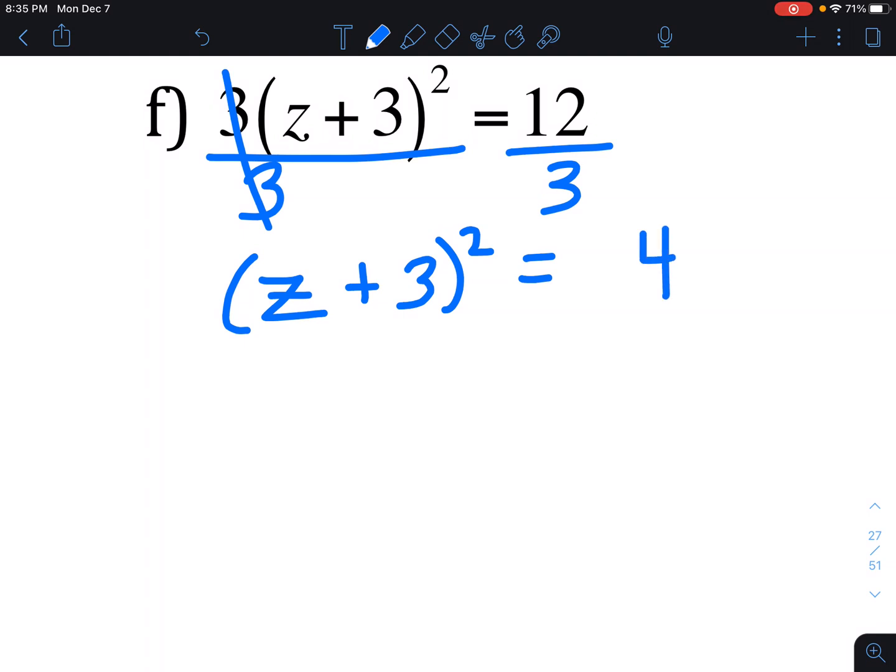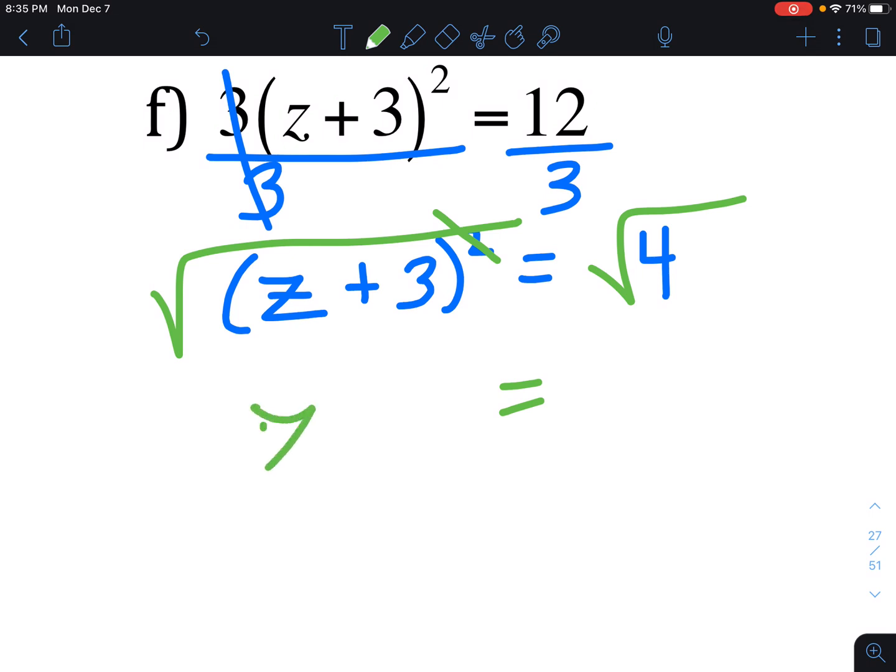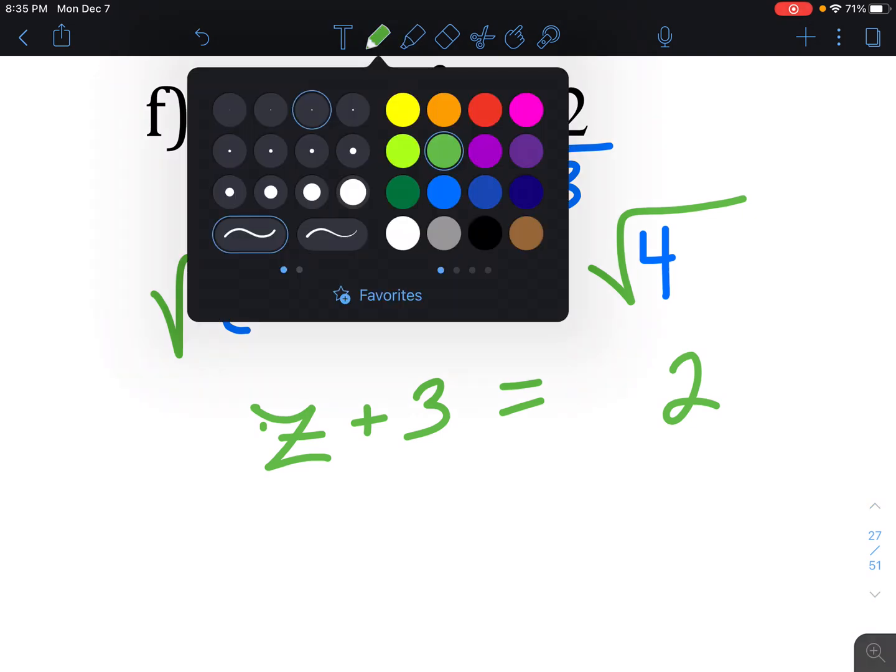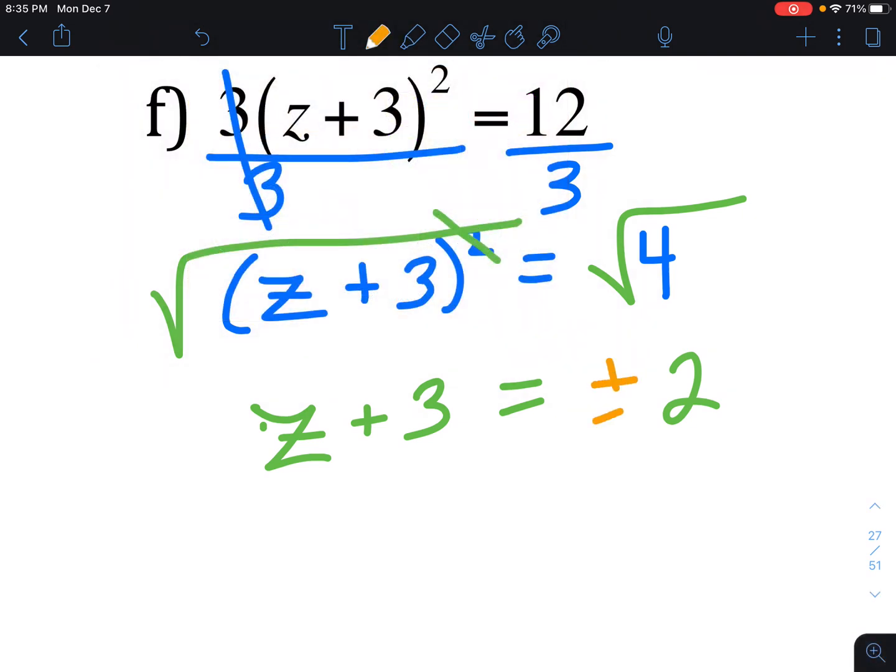Now we want to square root to get rid of the exponent. On the left, just drop down your z plus 3. On your right, square root of 4, well, that's easy, 2. And don't forget your what? Don't forget your plus minus.